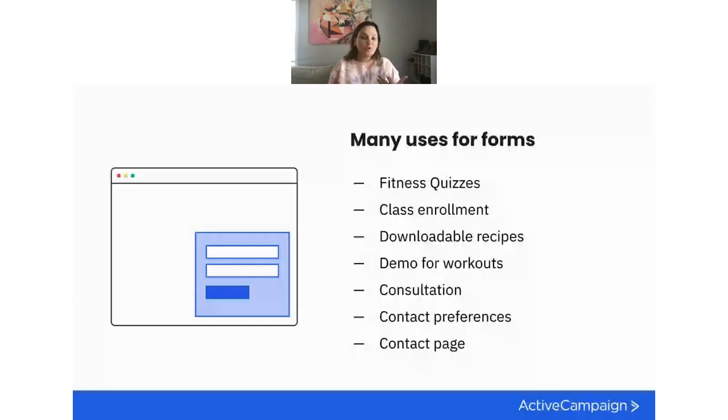So I've created forms that are fitness quizzes, enrollments, downloadable recipes. You can submit a form to get a recipe, consultations for personal training. There's a lot of different things you can use forms for. So start to take into consideration what you want to use your form for, and we can go from there.